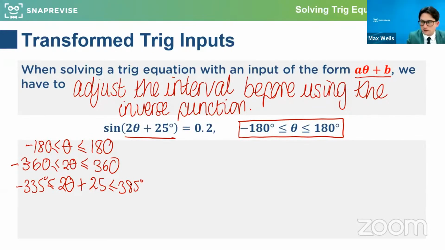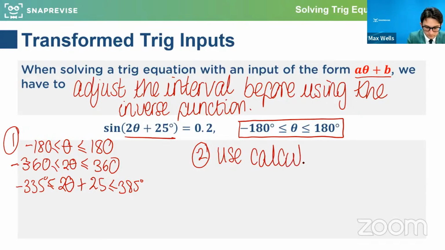So we effectively need to extend our search so that when we minus 25 off and divide it by 2, we've got all the solutions. Great, this is really, really important. So again, that's the first step. The second step is to use the calculator to find the first value, the principal value.